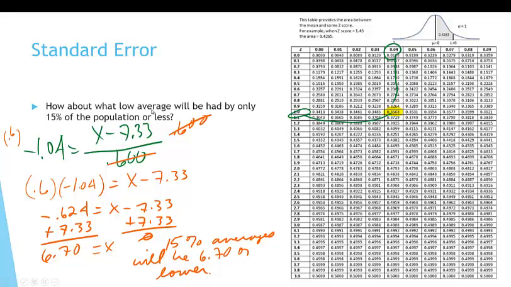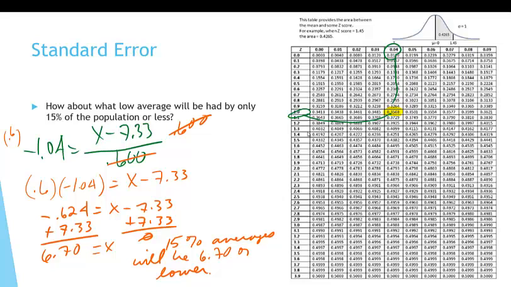What low average will be had by only 15% of the people? According to this chart, if we're looking at 15%, we're looking at low, we're looking at the negative side. Right now it doesn't make a difference, but keep in mind the normal curve is divided in half.